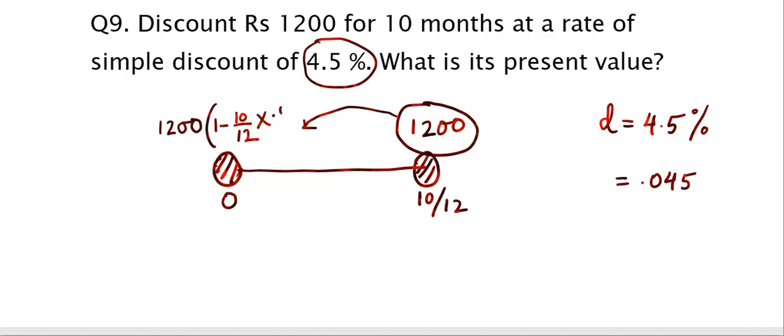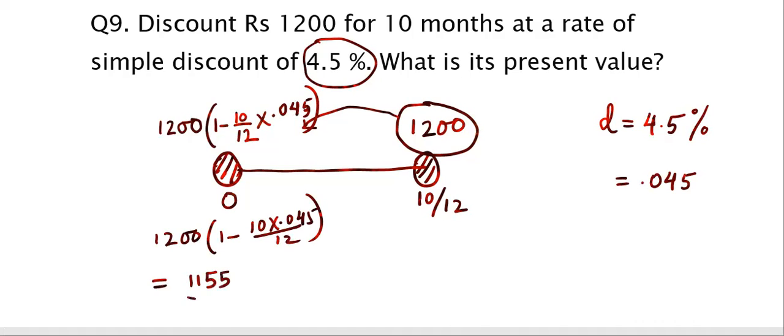So 0.045 you can write, and then it will be 1 minus 10 into 0.045 divided by 12, and that will be equal to 1155.